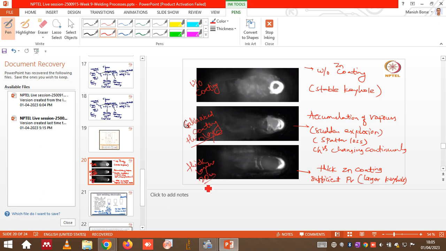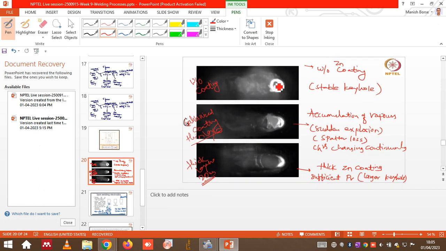Here, if you remember, there is no preset gap. So let's say this one is your keyhole.